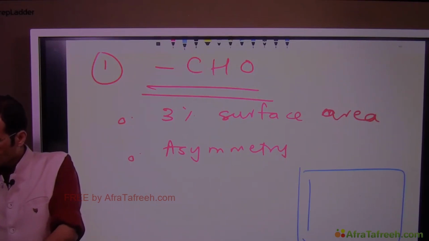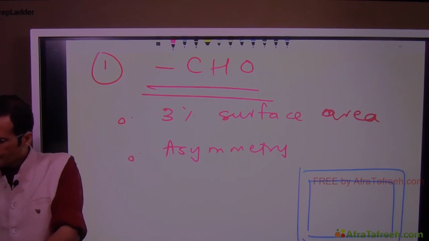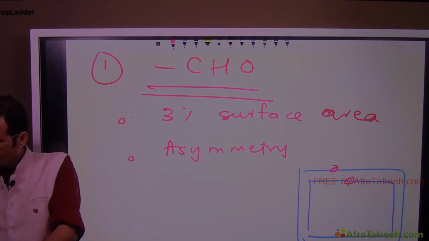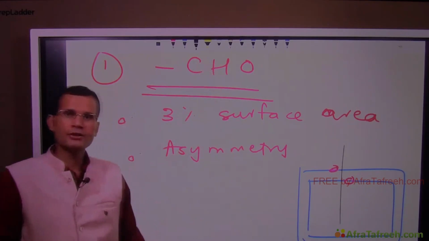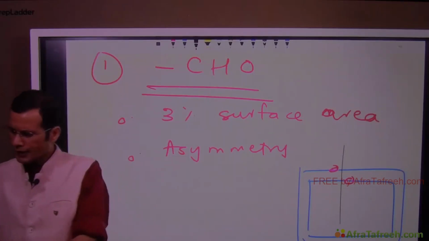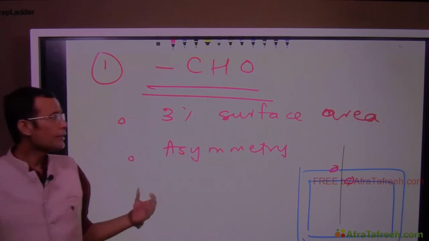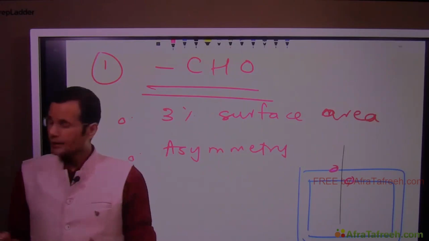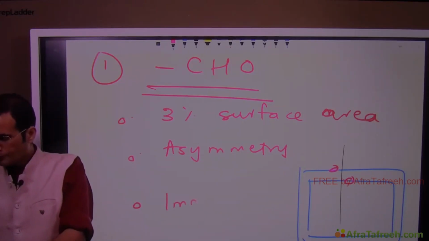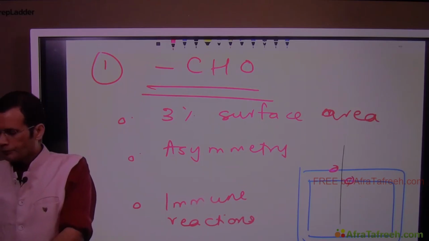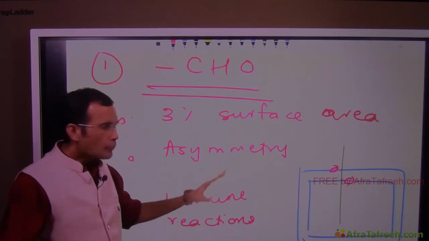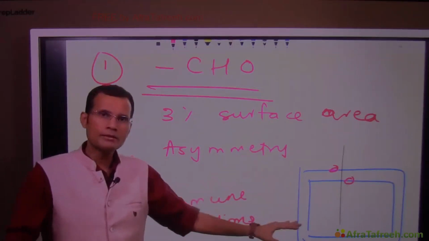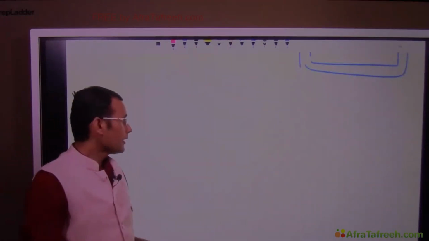So that makes the membrane appear asymmetrical in cross-section. Apart from that, some carbohydrates in the membrane are also involved in immune reactions. I mean, immune reactions of some of the cells are because of the carbohydrates present in their membranes. So that's one. Second, lipids.